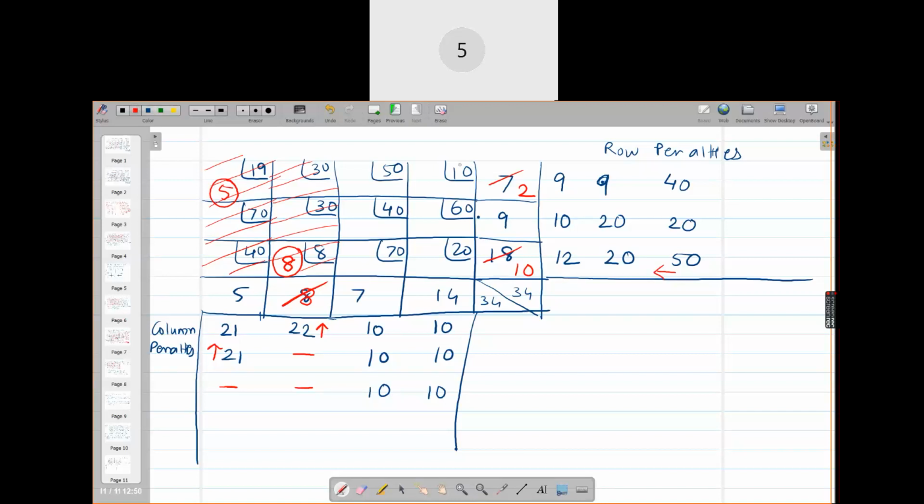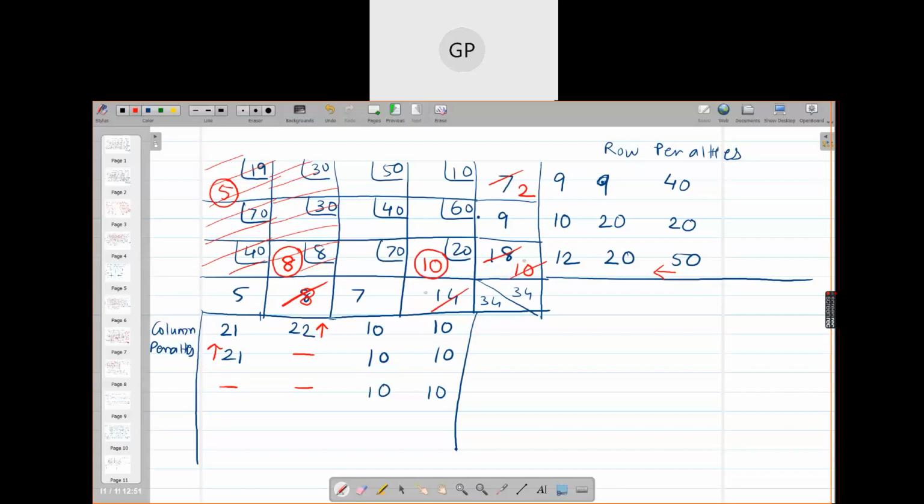So what is the least cost there? 20. And what is the case? 14 demand, 10 supply. So you can give only 10 units, because only 10 units are available. You cannot fulfill its demand.